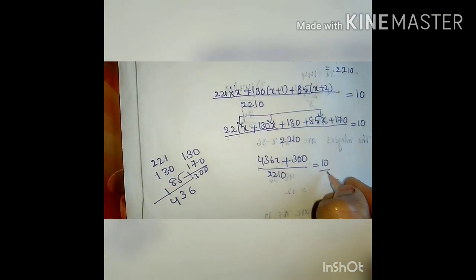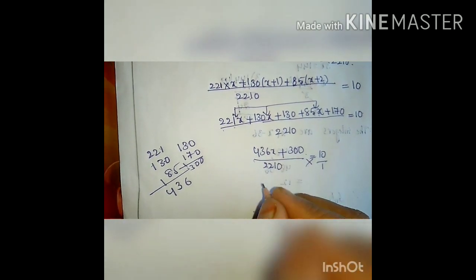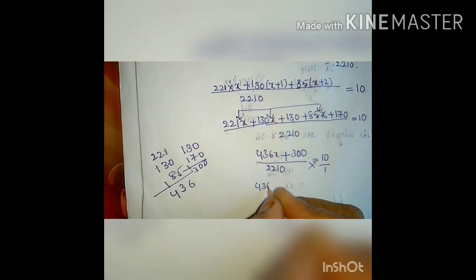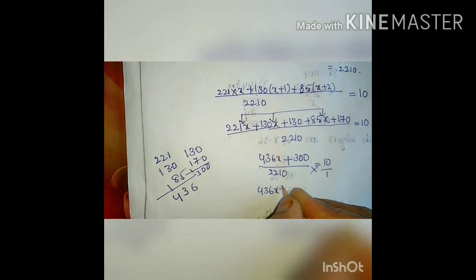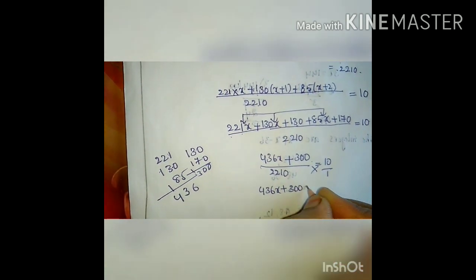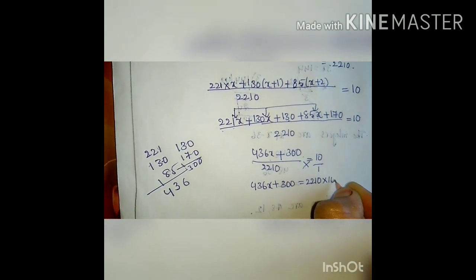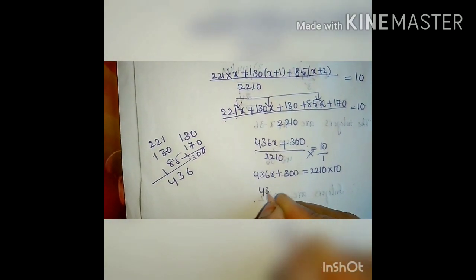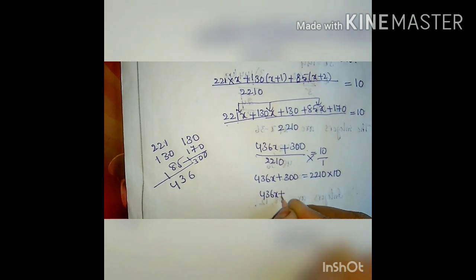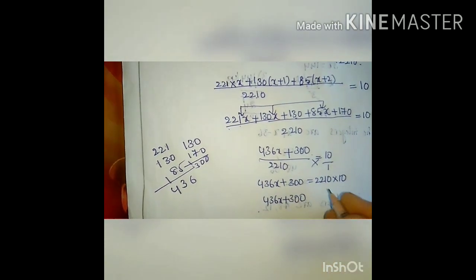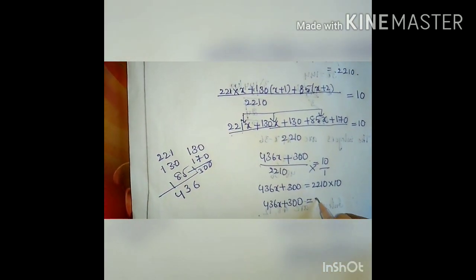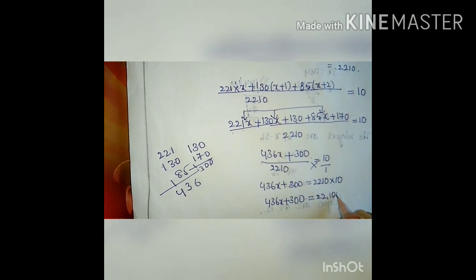So do the cross multiplication. 436x plus 300 is equal to 2210 into 10, which is 22,100.